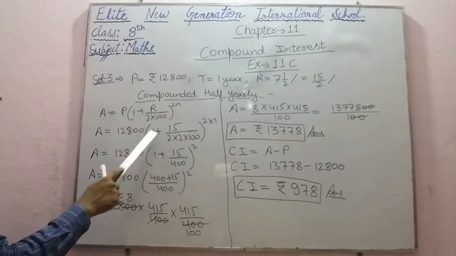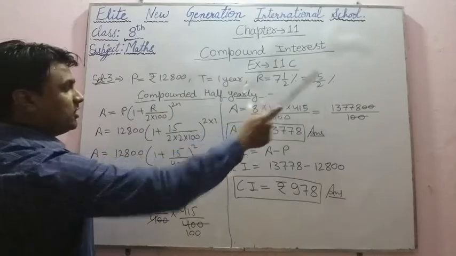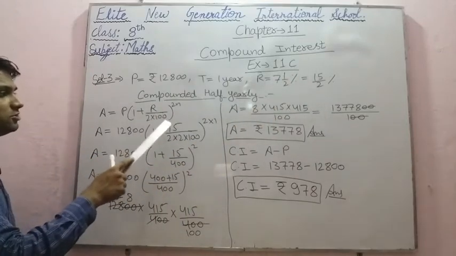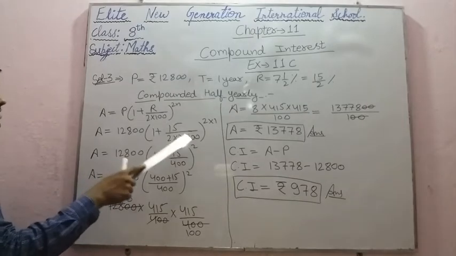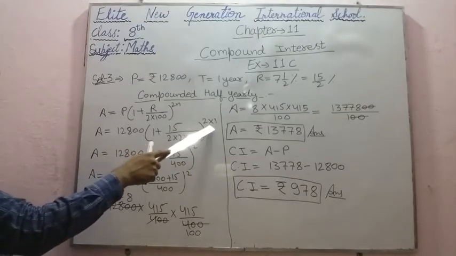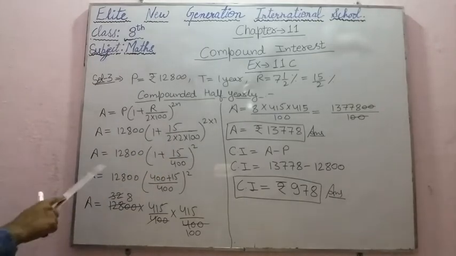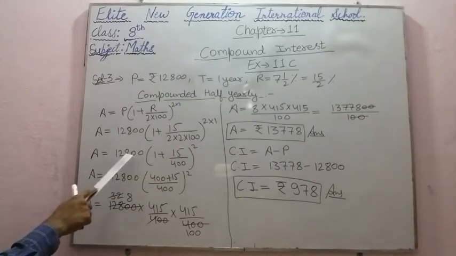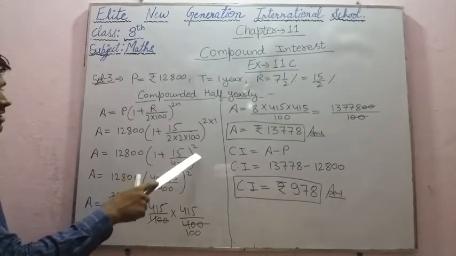So it will become 2 into 2 into 100, because one 2 is from 15 upon 2 and one 2 from here, and it is 100, and power 2 into n. In place of n we have 1, so the power will be 2 into 1. Now amount equals 12,800 into (1 plus 15 upon 400) power 2.